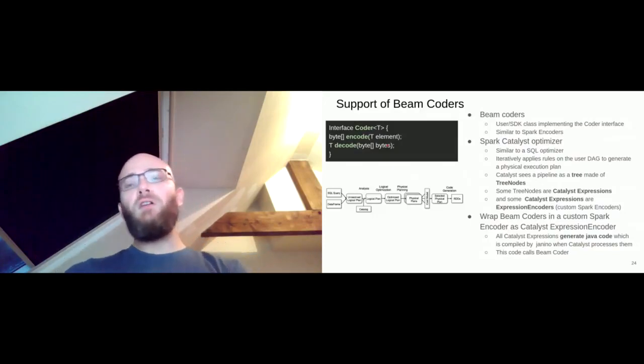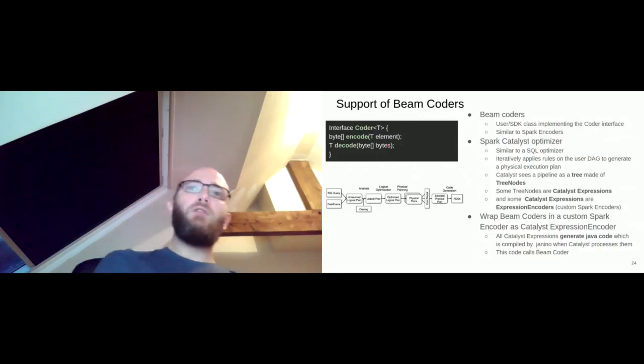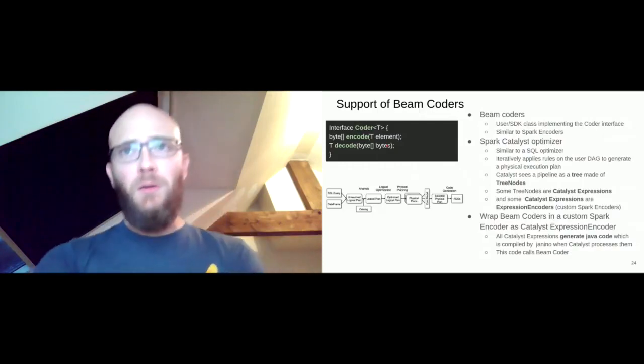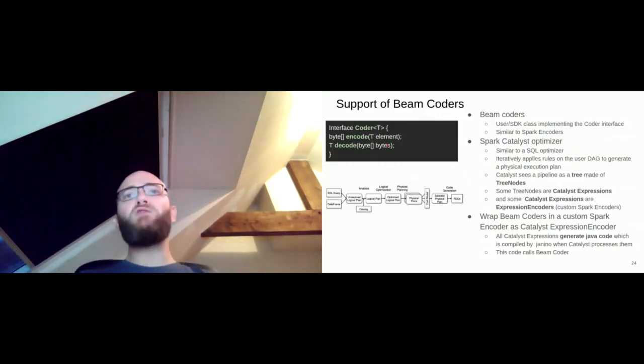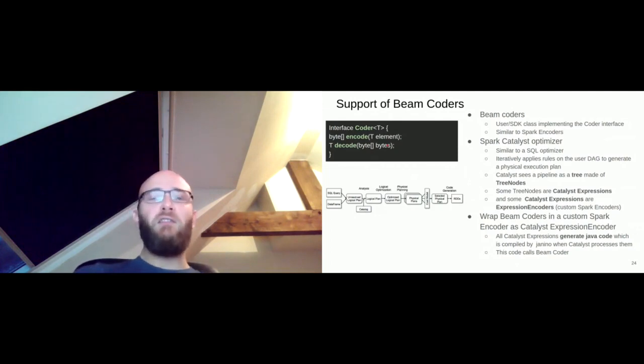But before talking about Spark encoders, I will do a quick parenthesis on the Spark Catalyst optimizer. Like I said before, it's similar to a SQL optimizer. Its job is to iteratively apply rules to the user DAG to generate, at the end, the best physical plan possible.